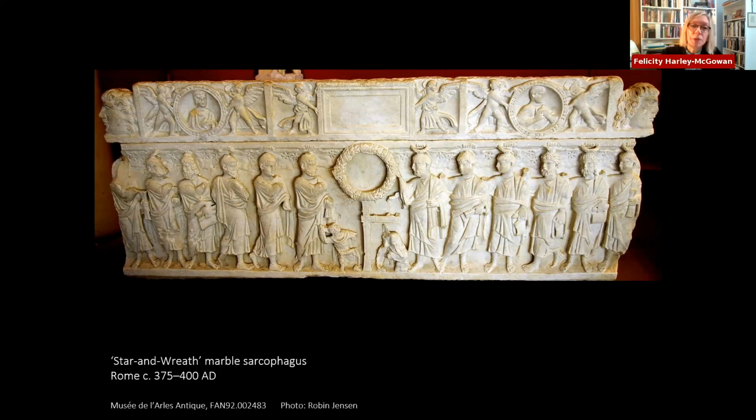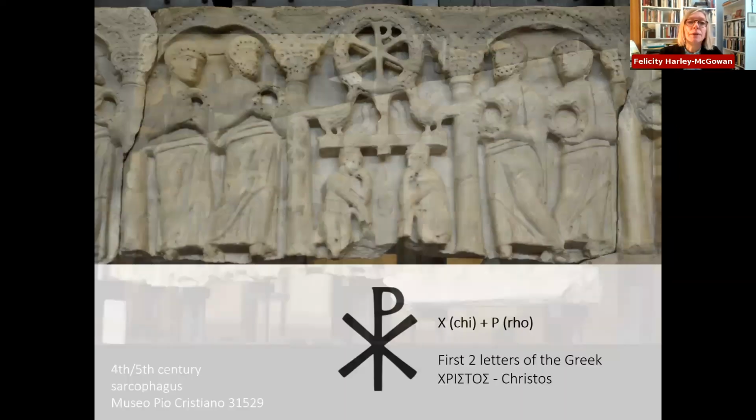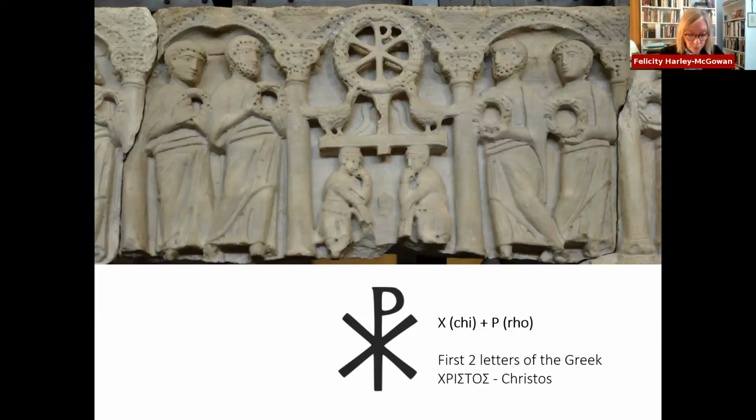The wreath on this sarcophagus originally contained a monogram of Jesus' name, as we see in the case of this sarcophagus, where the Chi Rho at the center here, the first two letters of Christos, were elevated and contained within this triumphal victory wreath suspended over the cross.